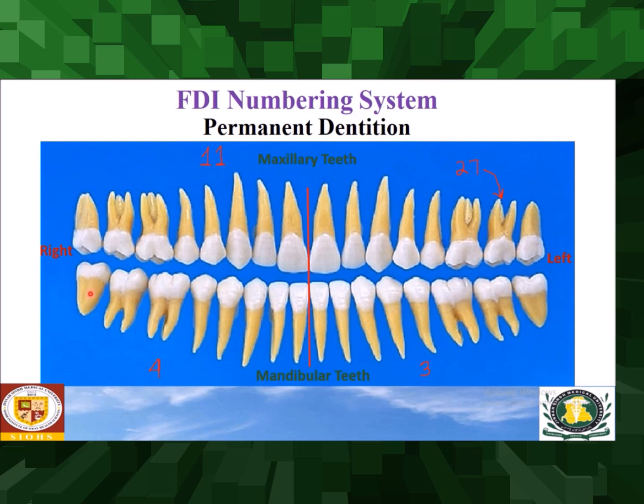The quadrant number is 4, and the tooth number is 1, 2, 3, 4, 5, 6, 7, 8. So this tooth will be referred to as 4, 8 in the FDI notation system.